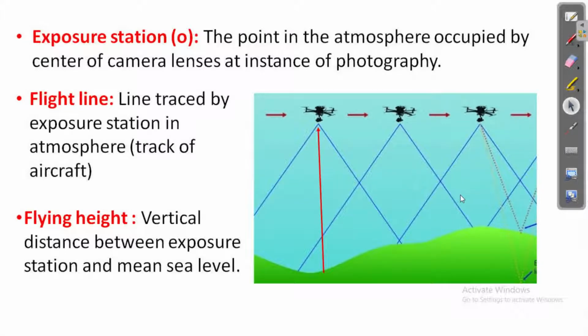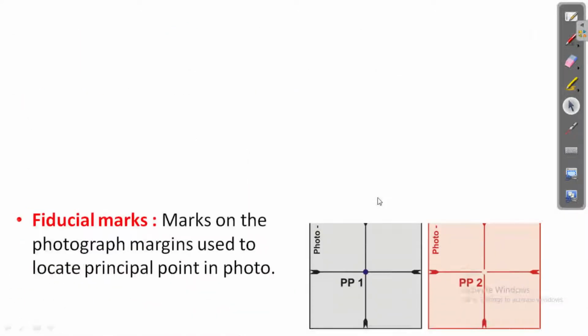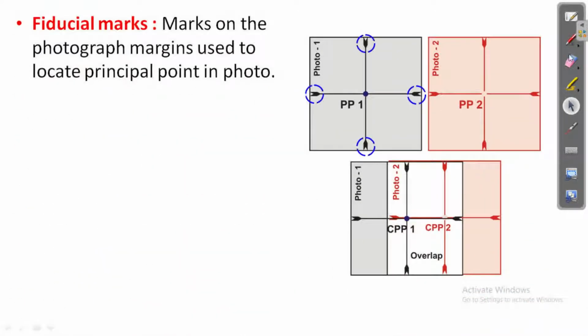Next term in aerial photography is the fiducial mark. Fiducial marks are the marks on the photograph margin, used to locate the principal point. Every photograph has a minimum of 4 to a maximum of 8 fiducial marks.